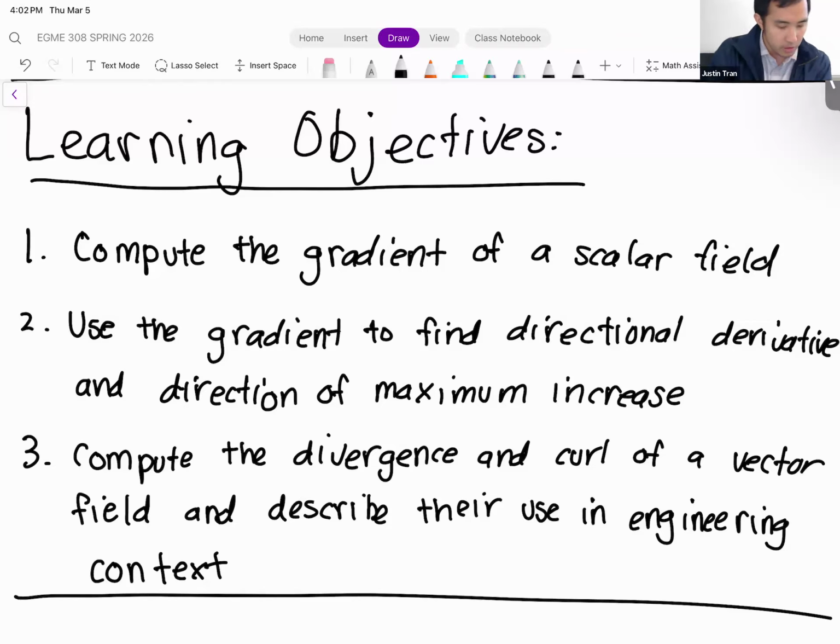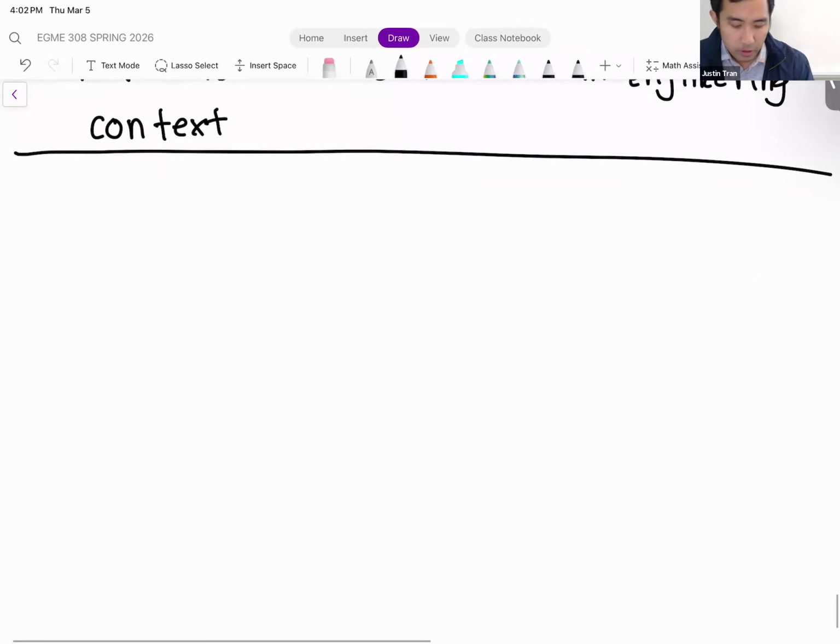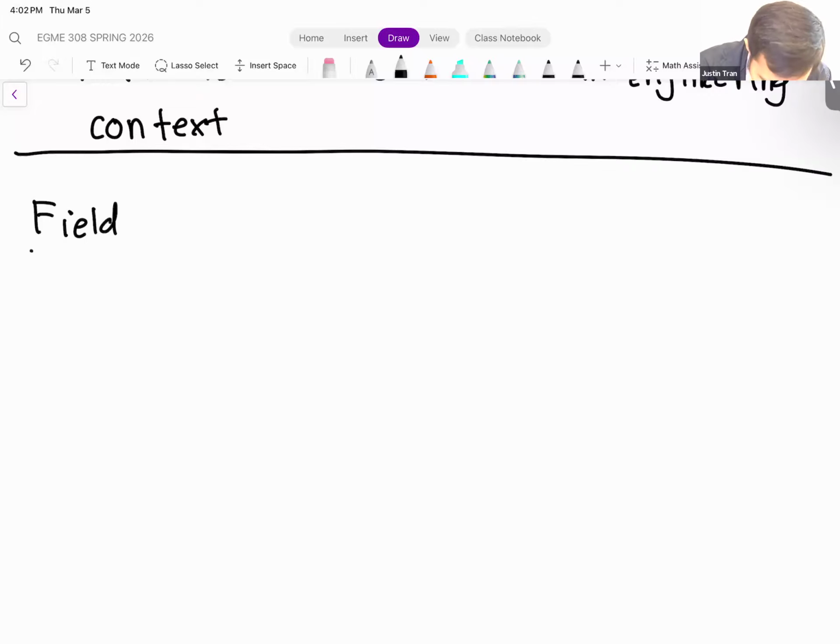Okay, all right, so let's go ahead and get started. Last time we started our discussion with this idea of a field. We essentially said a field is really nothing more than a multivariable function.